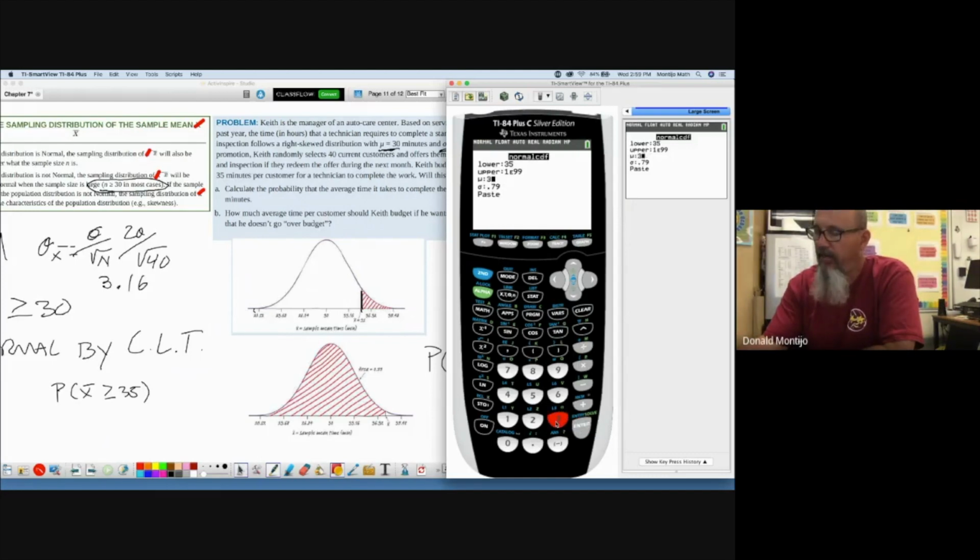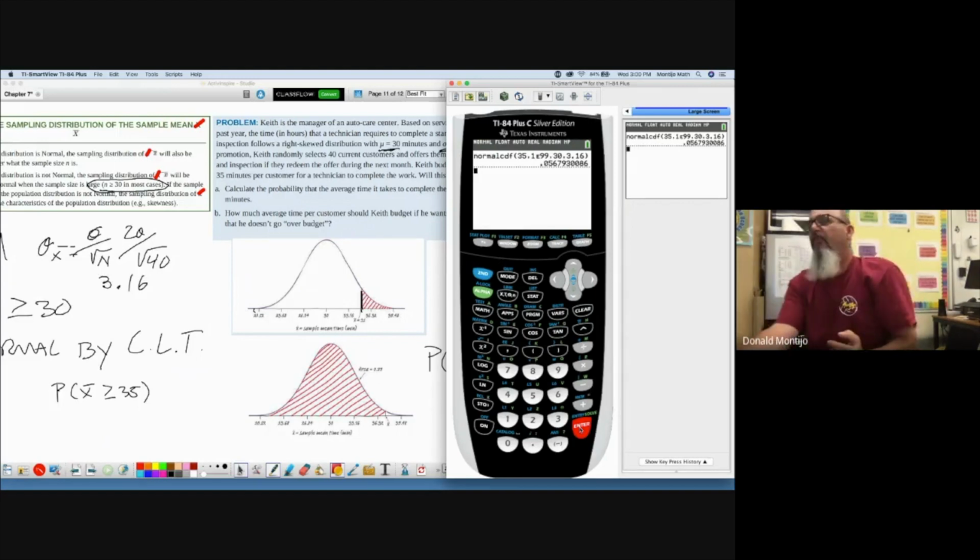A mean of 30 and a standard deviation of 3.16. Enter. About a 5% chance, 6% chance that it would be longer than 35. So he's pretty safe, probably. He's probably not going to have to give away too many free oil changes.